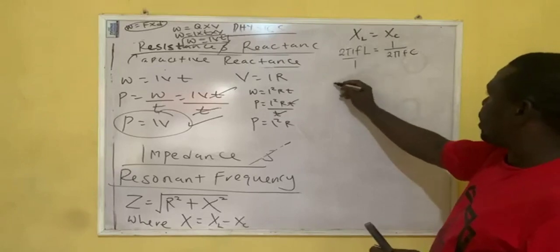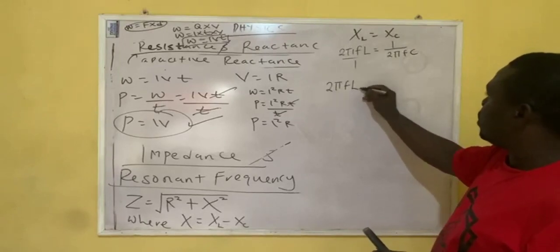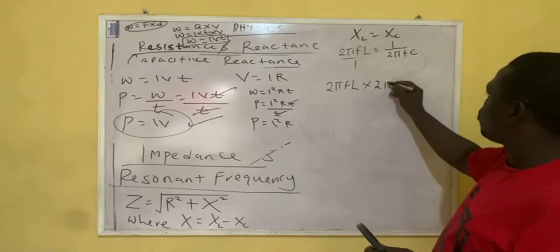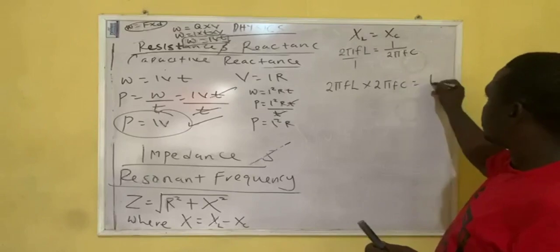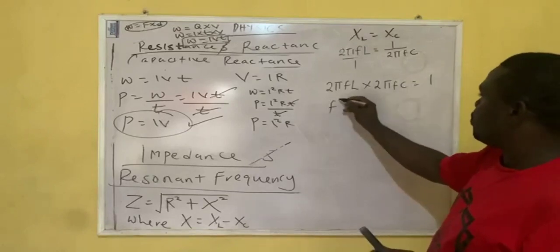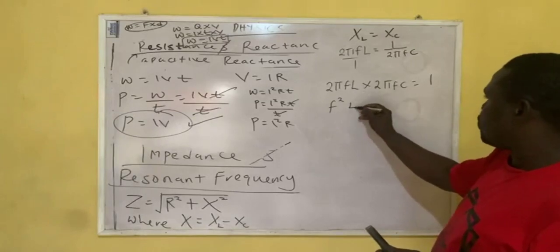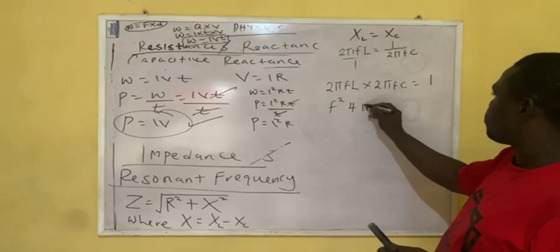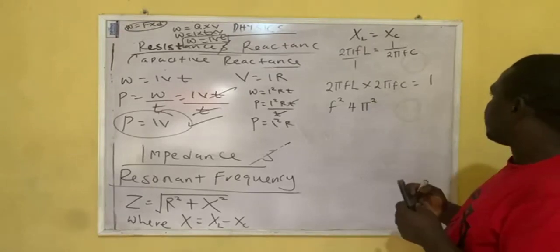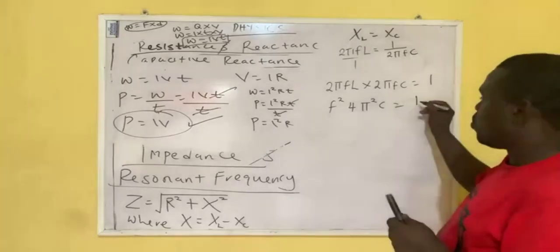Let me see if I could just do something. Let's cross multiply. So you have 2 pi fL multiplied by 2 pi fC equals 1. So I have 2 times 2, 4, and pi times pi, pi square. Then I have fC equals 1.